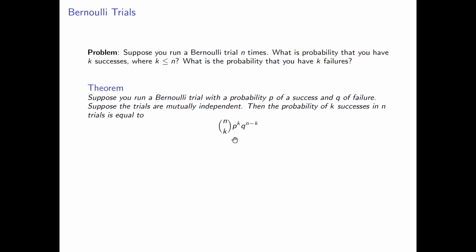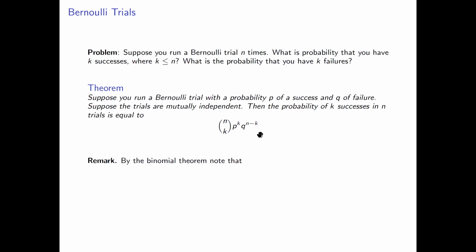I take the probability of a success and raise it to the power k, multiply it by the probability of a failure raised to the power n minus k, as we did in the previous example. But then I have to multiply this quantity by this binomial coefficient, which is n choose k. And so this will give me the odds of k successes in n trials, this whole quantity here.